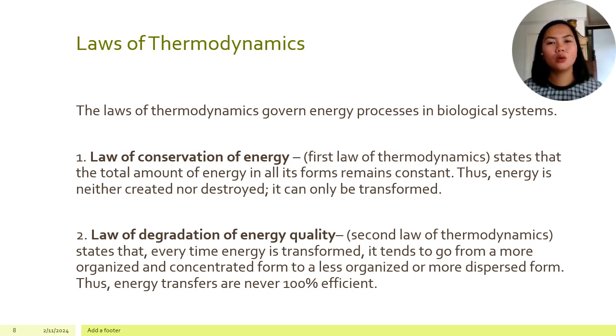So what we are saying in these two laws: the first law is the conservation of energy. For example, in photosynthesis, solar energy is converted to chemical energy. So nothing was created and nothing was destroyed. During photosynthesis, the conversion of solar to chemical energy will not be equal unless heat losses are accounted for.